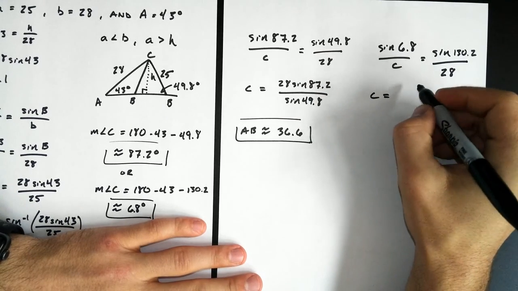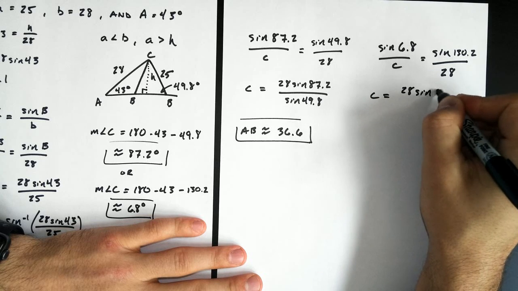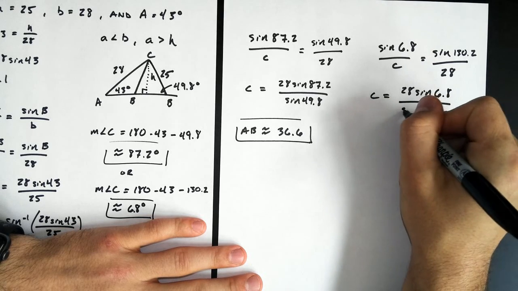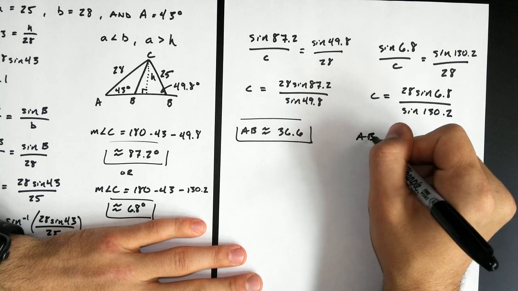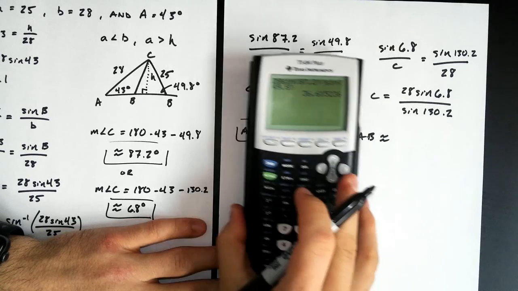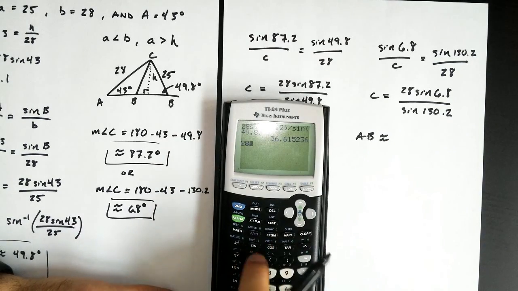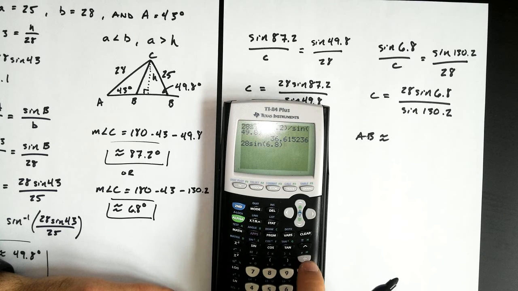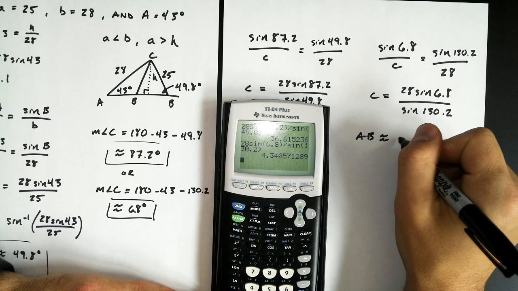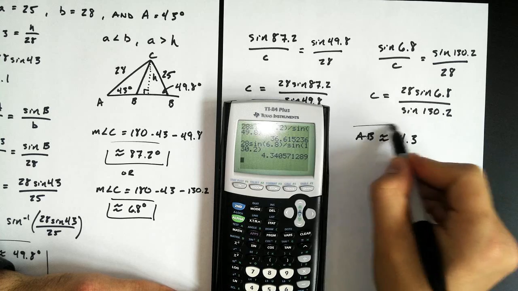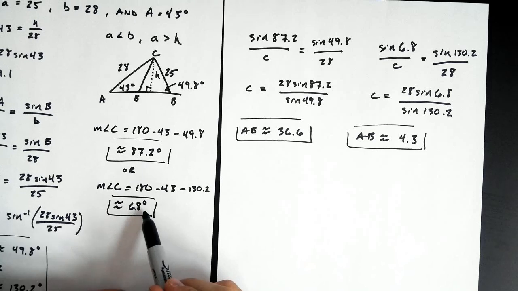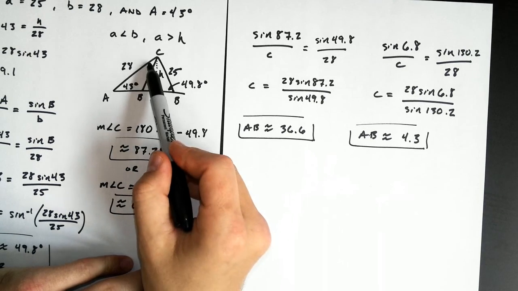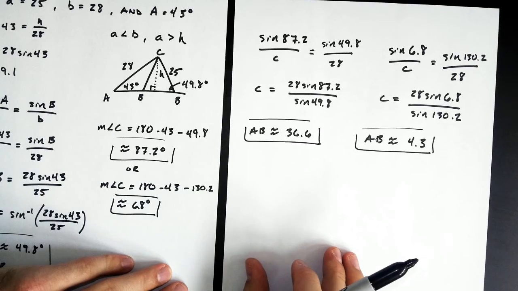The expression is going to look similar, so we end up with 28 times the sine of 6.8 divided by the sine of 130.2. So then our other possibility for side length AB, 28 sine of 6.8 divided by the sine of 130.2, is about 4.3. Which again, that checks out. 6.8 is a really small angle, so it makes sense that the side across from that should be a really small side.